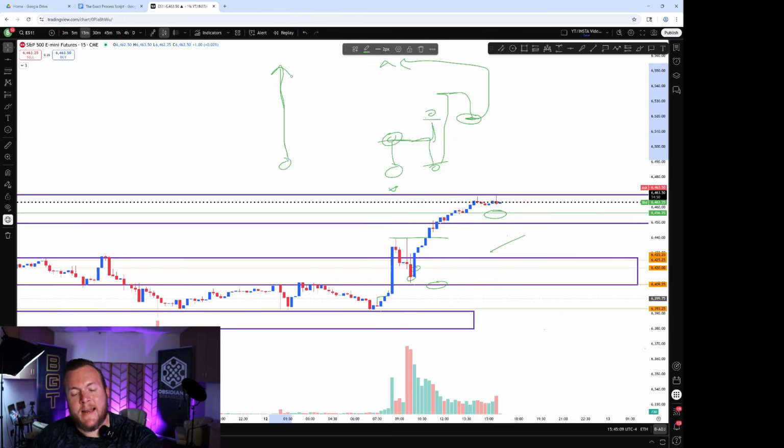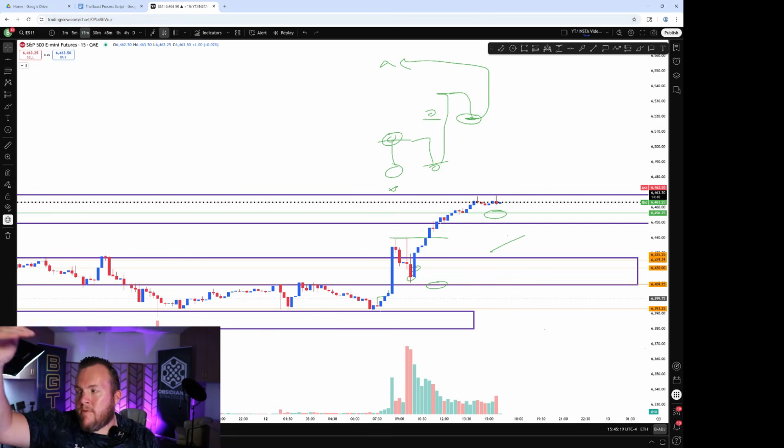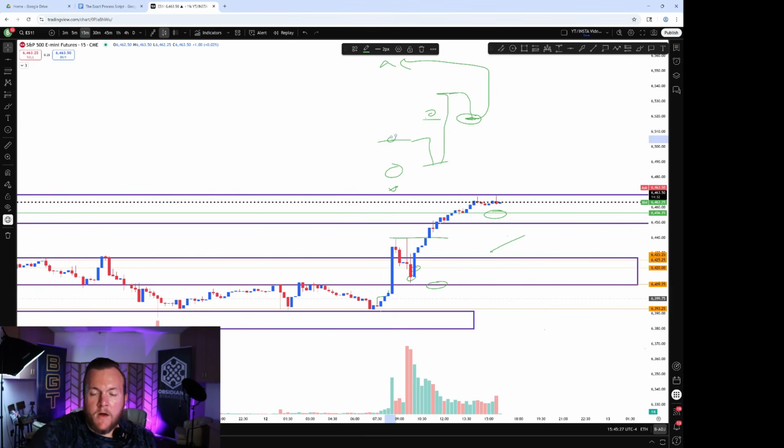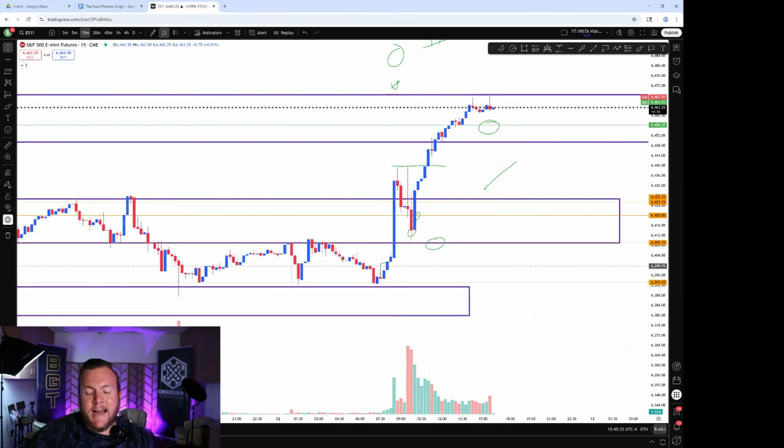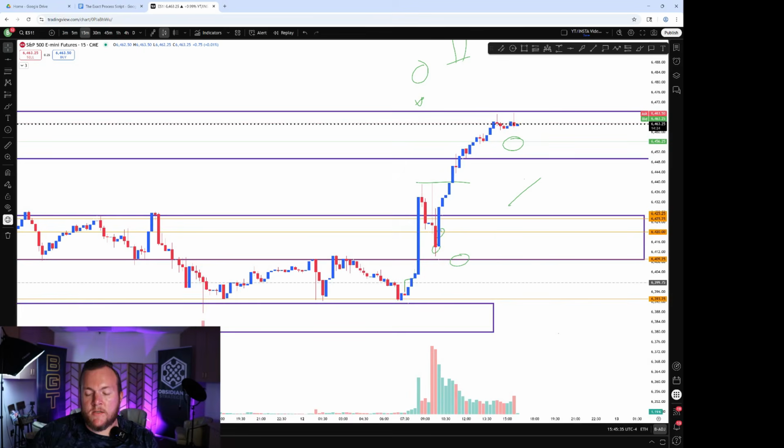So if we can identify these particular areas that the market has interest, where buyers want to buy and sellers want to sell, because price cannot move up unless buyers are buying, and price cannot move down unless sellers are selling. Oftentimes people get caught in these moves because they don't understand the general patterns of the market. Number one, the market 90% of the time just moves back and forth in between zones.